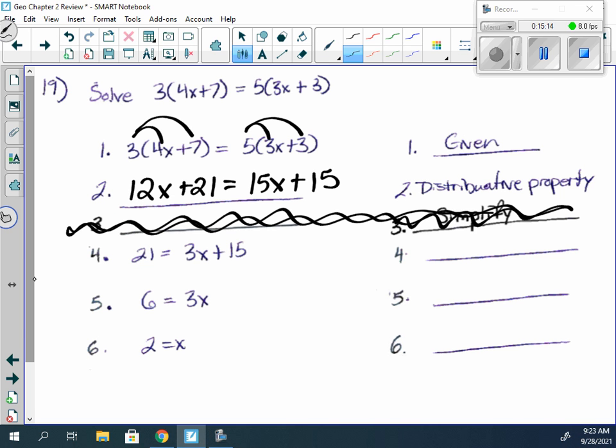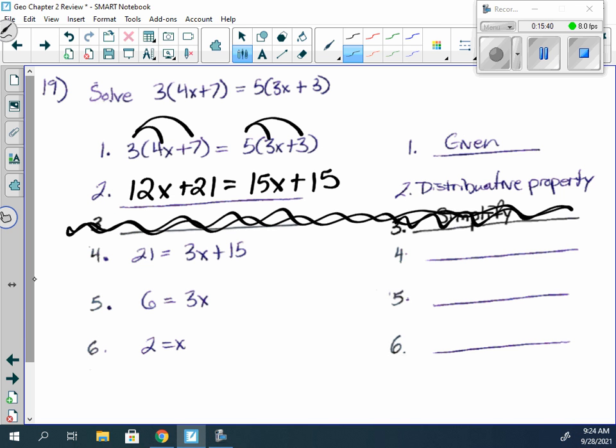Now at this point, you could subtract 15x from both sides, yes? Because that would work. Or I could subtract 12x from both sides. Or I could start off by subtracting 21 from both sides, or subtracting 15 from both sides. Any one of those would still give us the same answer, yes? That's why I'm leaving it blank, because I'm leaving it up to y'all to figure out which order you want to do the steps in.